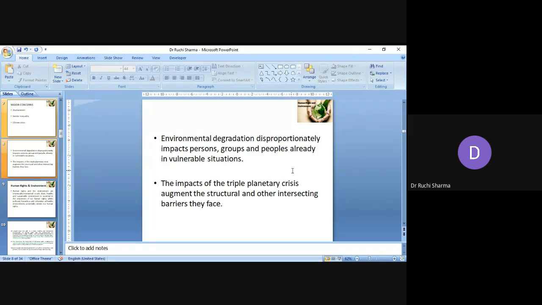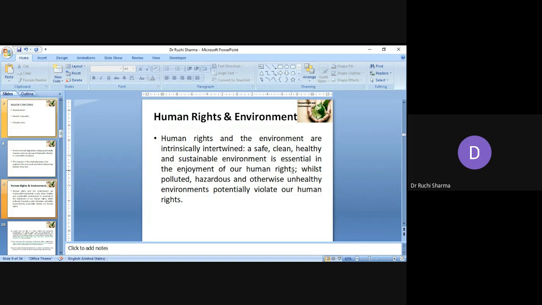Environmental degradation impacts persons, groups, and peoples who are already in vulnerable situations. The impacts of the triple planetary crisis augment the structural and other intersecting barriers they face. So human rights and the environment are interrelated and intertwined.